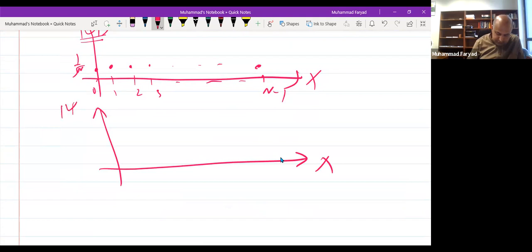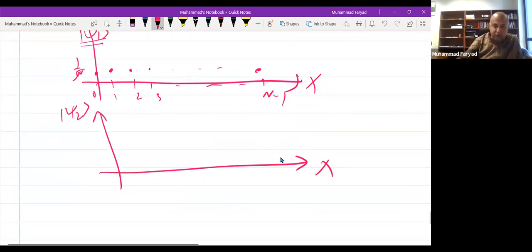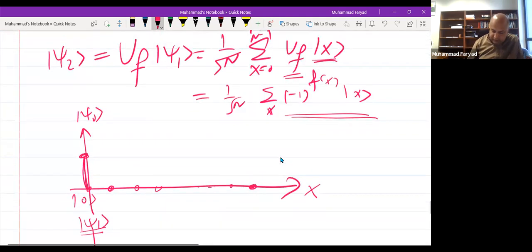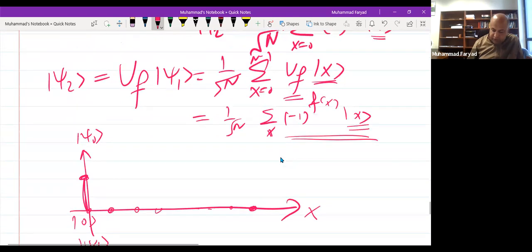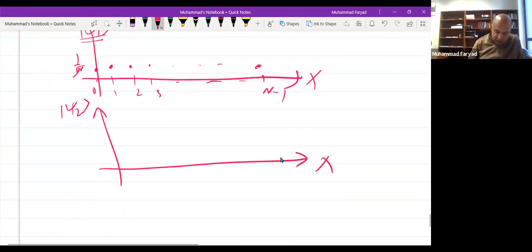So it became psi 2, but psi 2 is this thing, the addition of all possible x, but some x are coming with negative sign and some x are coming with positive sign depending on f of x. So essentially the output after this is some positive, some negative, and so on.